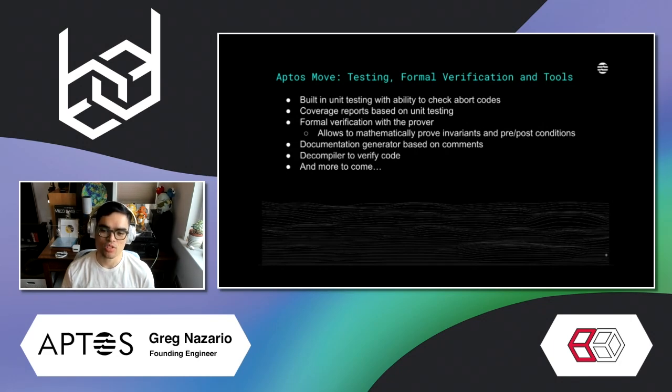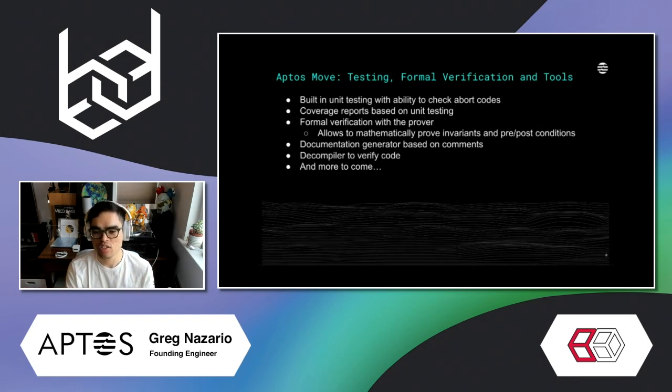But sometimes you can't actually test every possible input, which is why the Move Prover exists. The Move Prover allows you to do formal verification, which sometimes goes even over my head. It allows you to mathematically prove that there is no case in which something will happen.